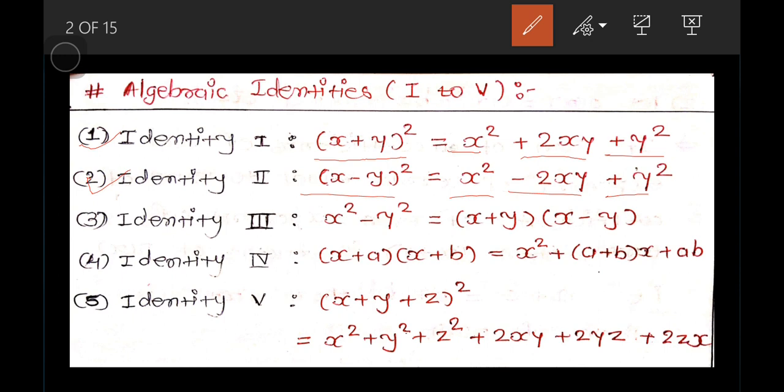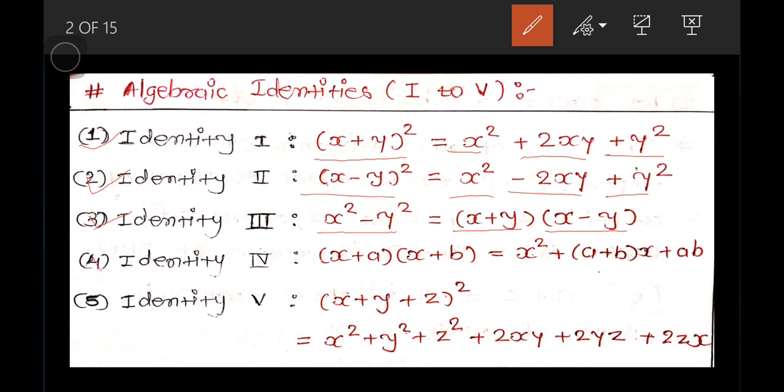The third identity is given as x square minus y square is equal to in bracket x plus y into in bracket x minus y. So we factorize x square minus y square as x plus y into x minus y.